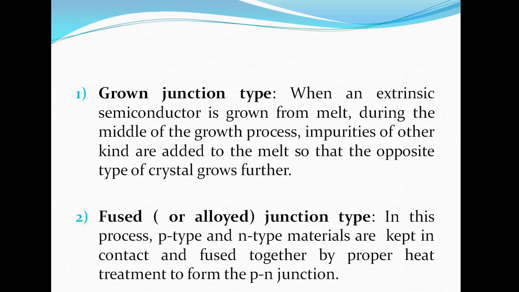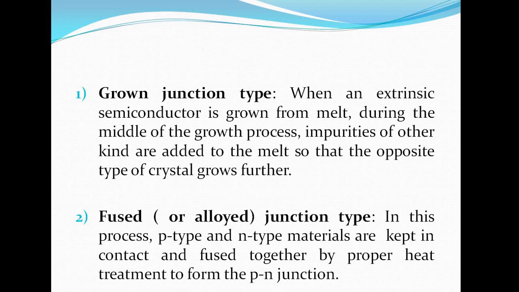Suppose we take the P type, and we add N type pentavalent impurities while the crystal is growing. So an N type region is formed on one side, and the other side is P type. This acts as a PN junction diode.